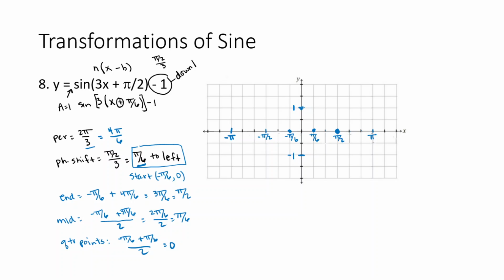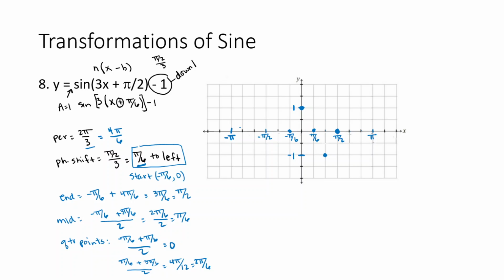And that'll be my peak. I find my other quarter point, which is pi 6 plus pi halves, and divide that by 2, and I get 4 pi 12ths, which is pi, which would be 2 pi 6, which is right here, and that's my valley.